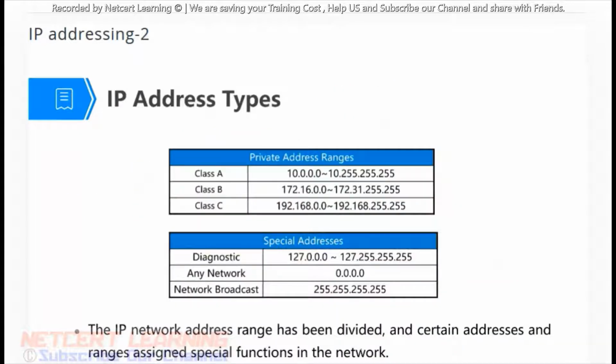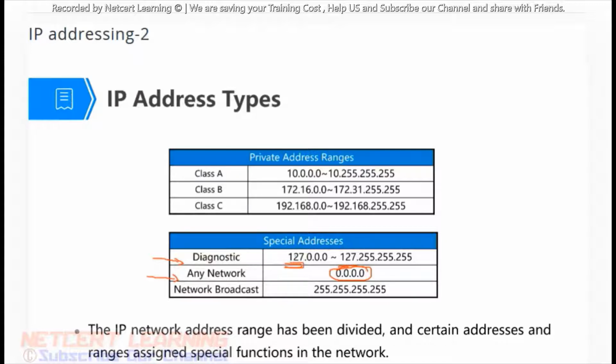Then we have discussed some special addresses, such as 0.0.0.0. This address you cannot configure on a host. This represents any network. And the other special address is 127.